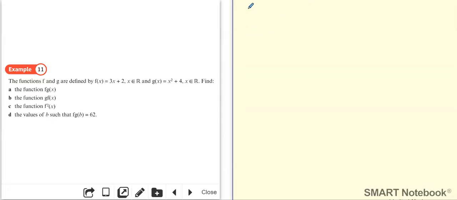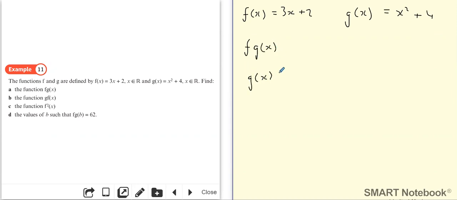So f of x is 3x plus 2. g of x is x squared plus 4. Now we've been asked to work out fg of x. So my starting point is to work out g of x, which is x squared plus 4. So this then becomes f of x squared plus 4.